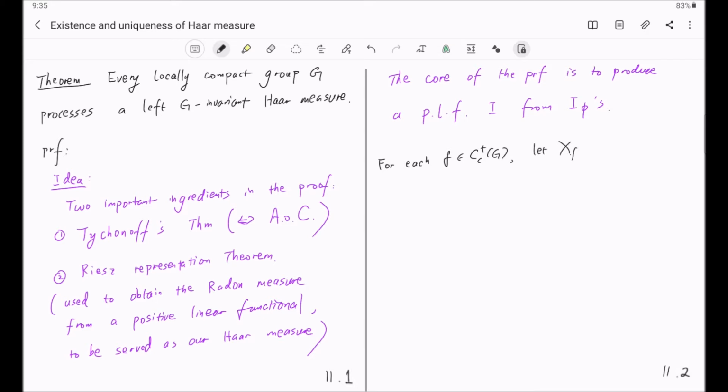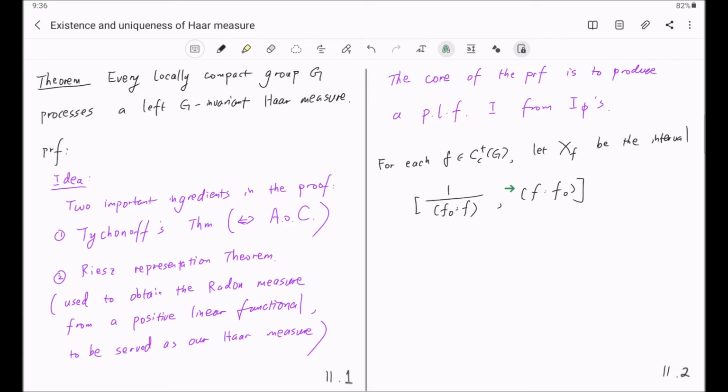let X of f be the interval from 1 over (f naught : f) to (f : f naught), the closed interval. This is compact. Do you see why this is compact?